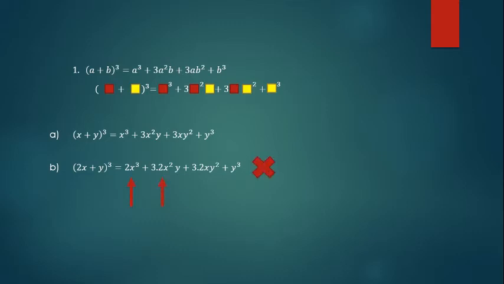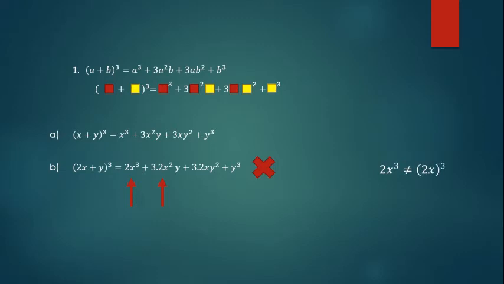See the structure. The entire red box was cubed, but in the first term only x is cubed here, which is multiplied by 2. A similar mistake in the second term is also done. So 2x cube is not the same as (2x) whole cube.